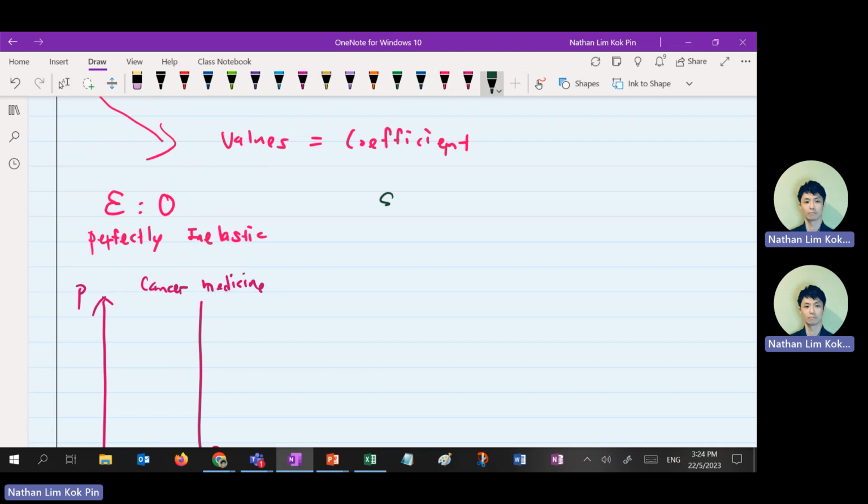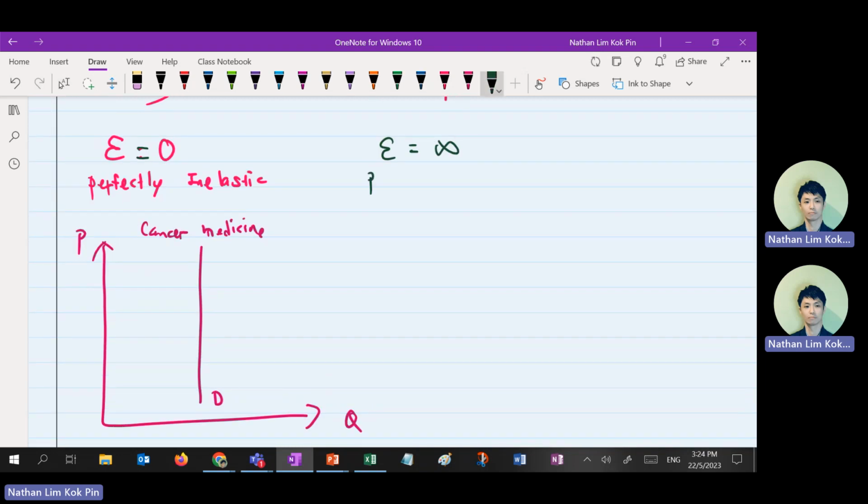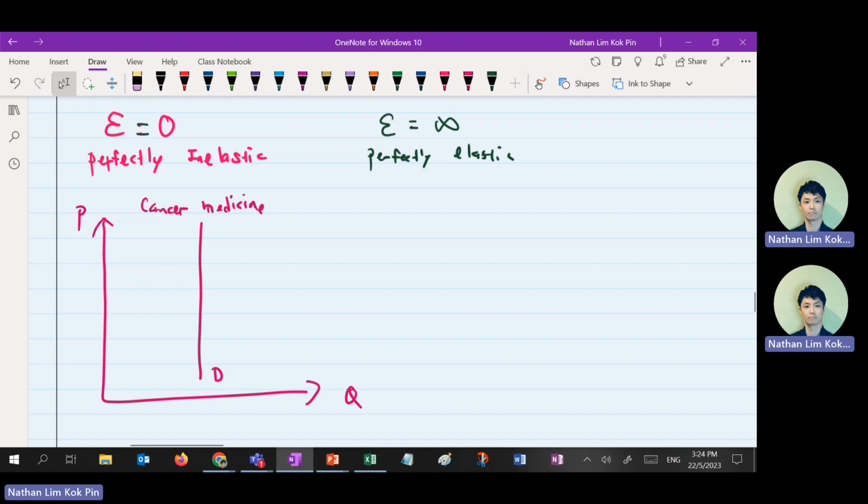Even if it is cheaper, the amount always remains the same. Then we have elasticity equals to infinity. This is what we call perfectly elastic. Make sense? For perfectly elastic, if I ask you to put something related to technology, last time I used a spaceship.